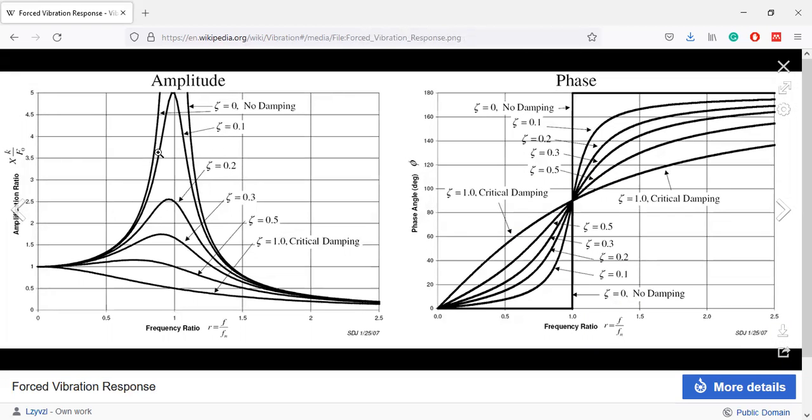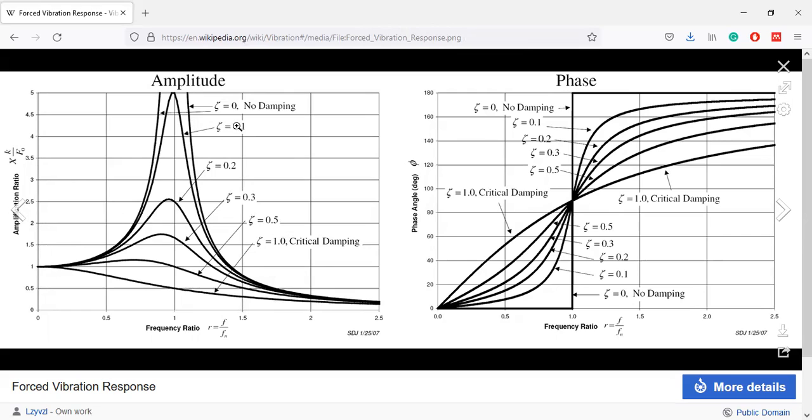And this graph illustrates the amplification factor, or amplification ratio, versus frequency ratio graph. Okay, so in three different cases, for zeta value less than 1, that means for the underdamped case, this is how the graph behaves.